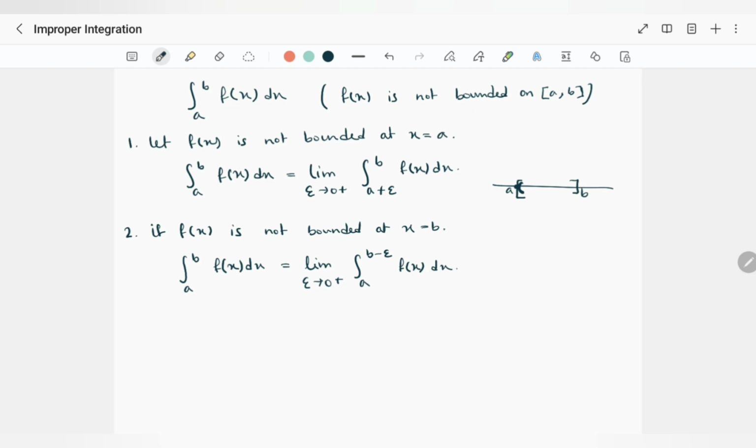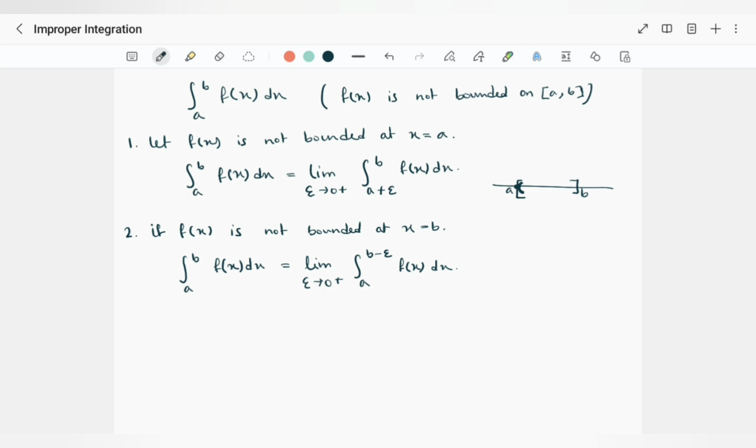Now the scenario is the same, but why b minus epsilon? Because the interval was a to b, in which the function was not bounded at b, the upper limit. So we have to shift the interval slightly so that the function is bounded on that interval, right?